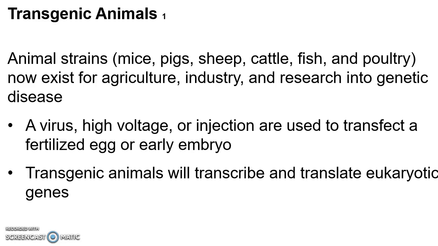Even though the success rate isn't very high, once success is achieved, the animal will pass that gene on to its offspring. Transgenic animals will transcribe and translate eukaryotic genes into the desired protein product.